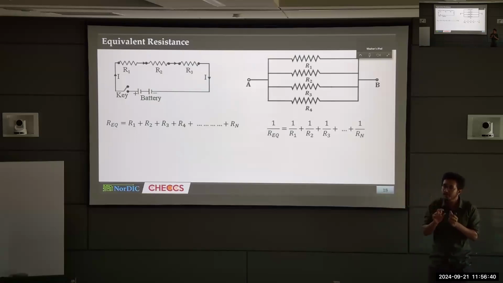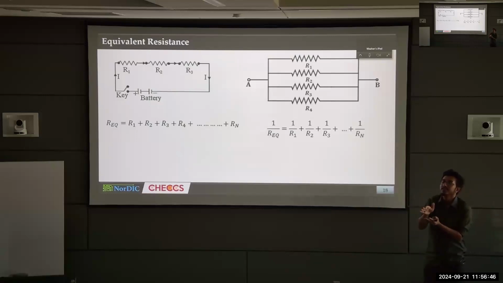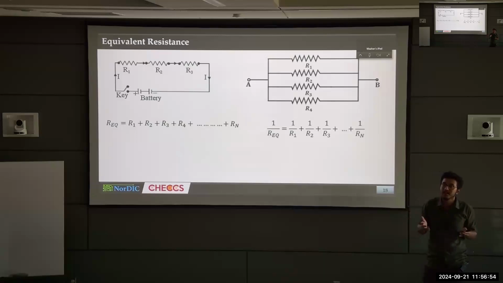You can play with the length, or you can play with the thickness. If you increase the length, it will increase the resistance. If you decrease the length, it will decrease the resistance. Simple. On the thickness, it is otherwise: if you increase the thickness, it will decrease the resistance.